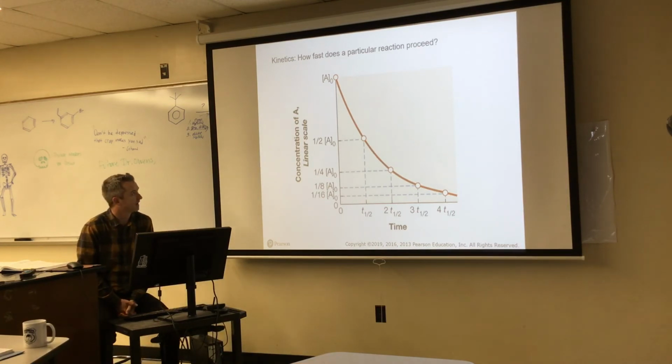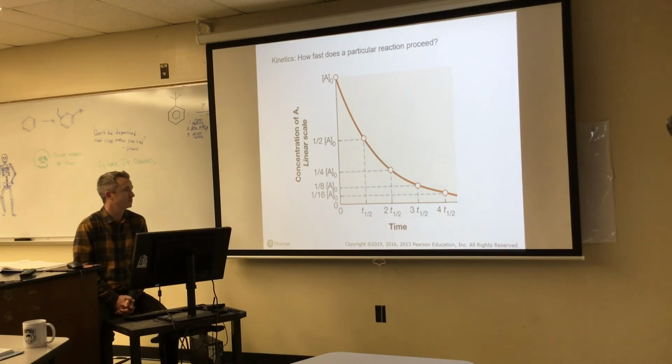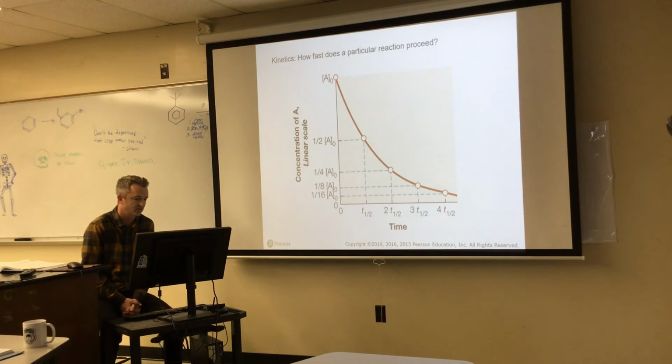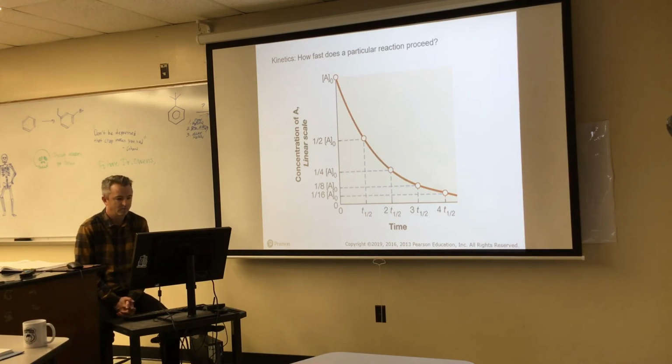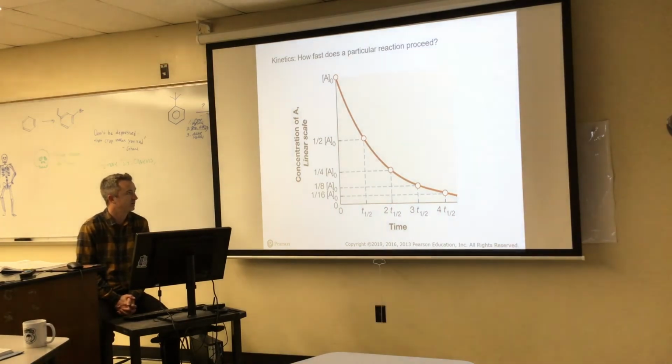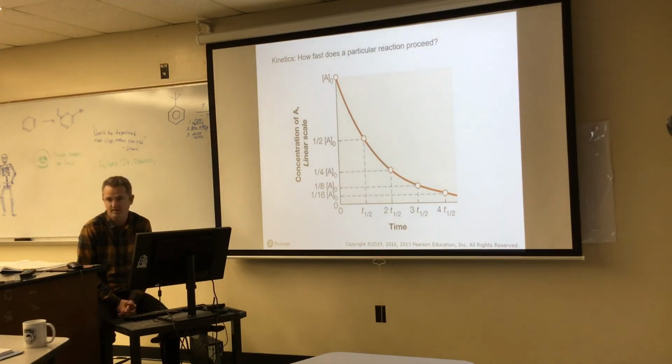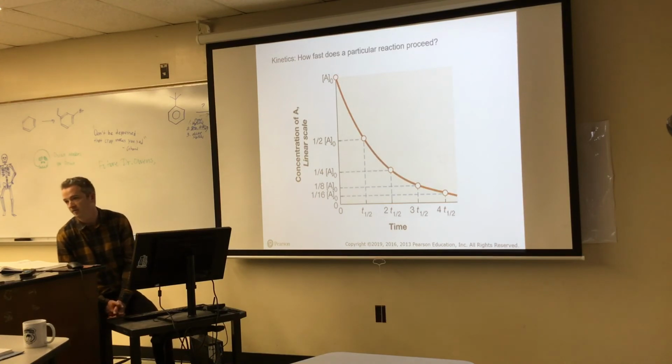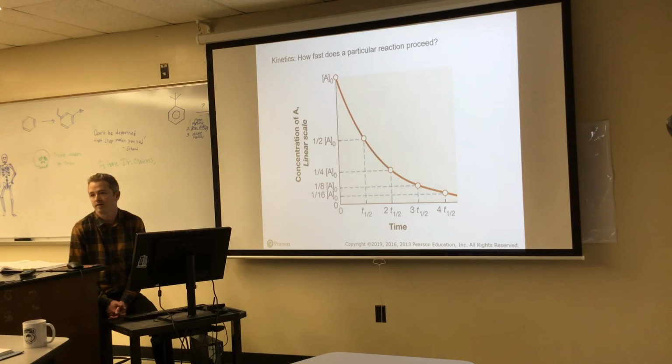This is a graph showing you essentially the dependence on concentration of a single substrate. And we're talking about first order kinetics here. As time goes by, the substrate decreases in concentration. Can you give me an example of where this might take place? A single substrate decreasing in concentration over time.